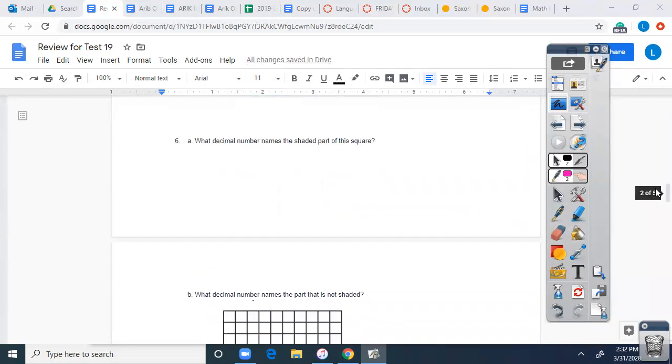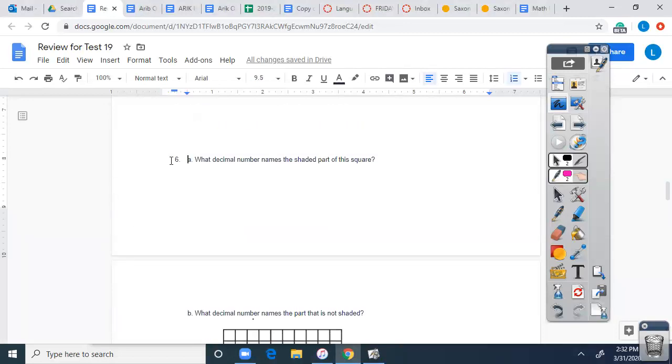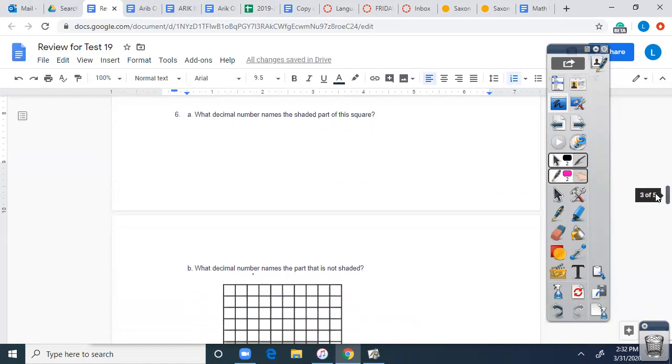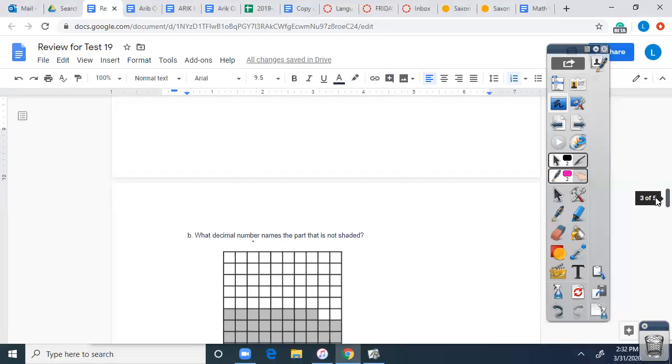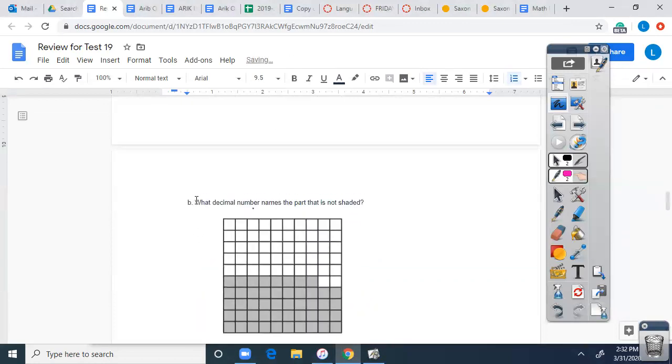Okay, number 6. All right, so on this one, we are going to talk about the part that is shaded and then the part that is not shaded. Okay?